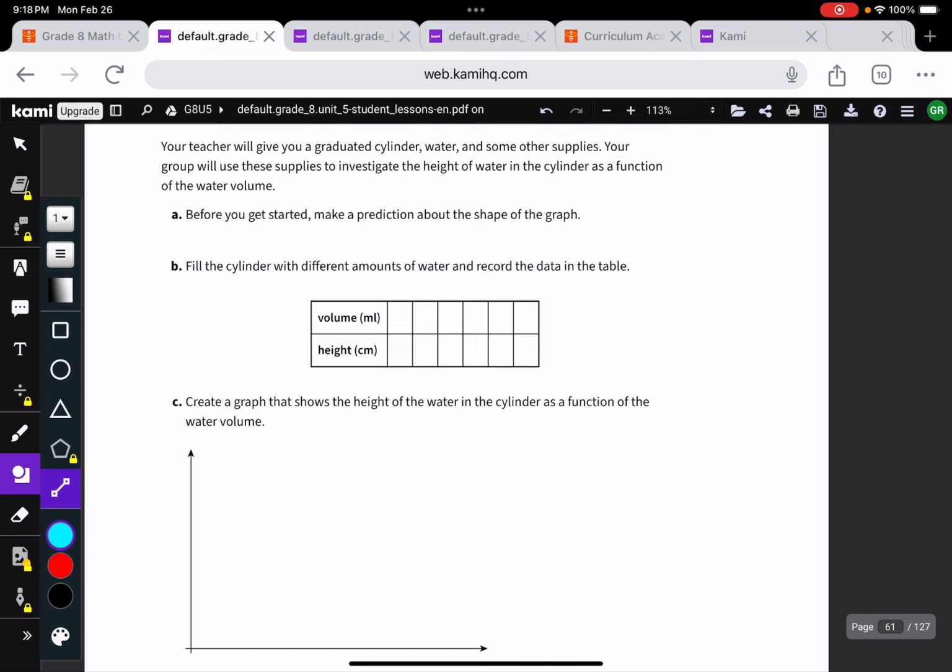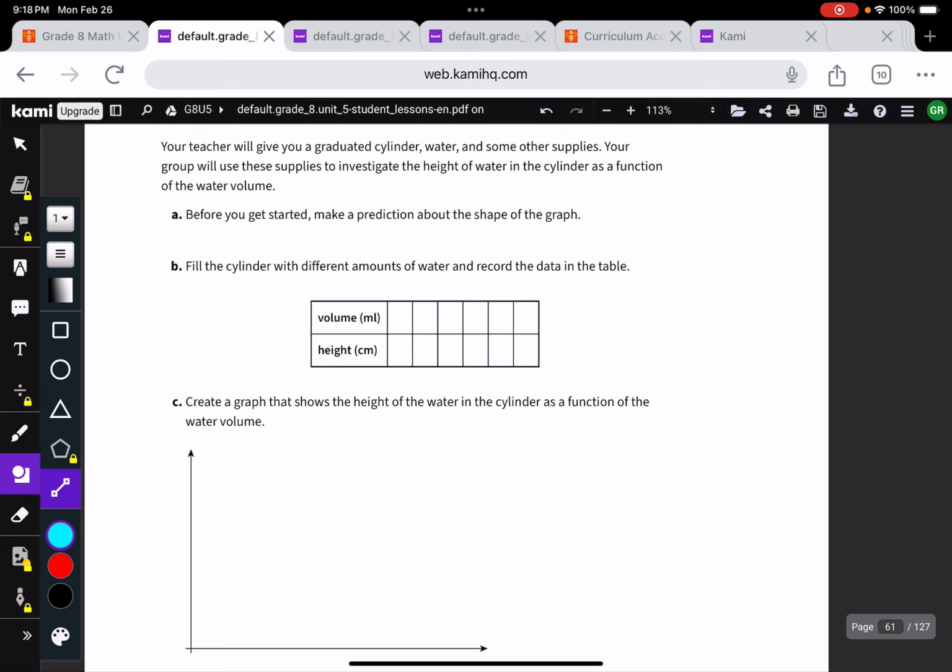And you'll use these supplies to investigate the height of water in a cylinder as a function of the water volume. Again, as a math teacher, that doesn't make any sense to me unless I reword it. If I take out the word function and put in the word depends.